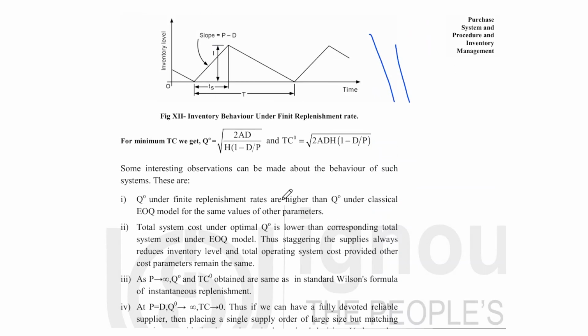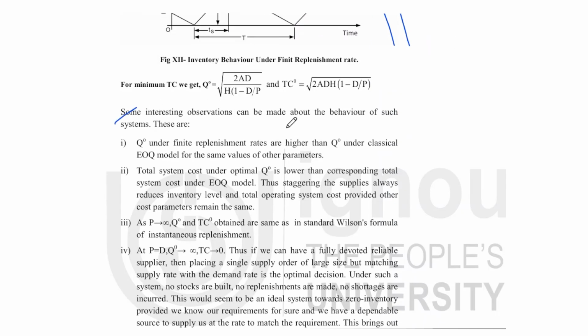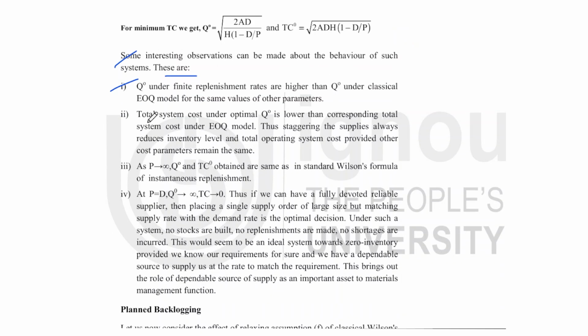Next, some interesting observations can be made about the behavior of such a system. The Q under the finite replenishment rate is higher than the Q under the classical EOQ model for the same values of the other parameters, and the total system cost under the optimal Q is lower than the corresponding total system cost under the EOQ model.